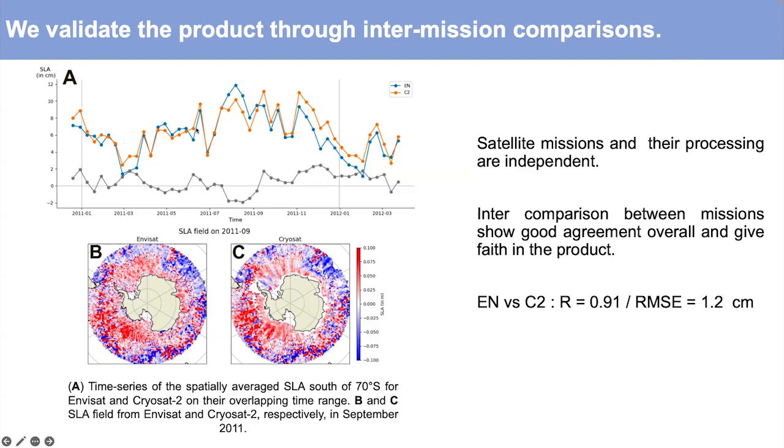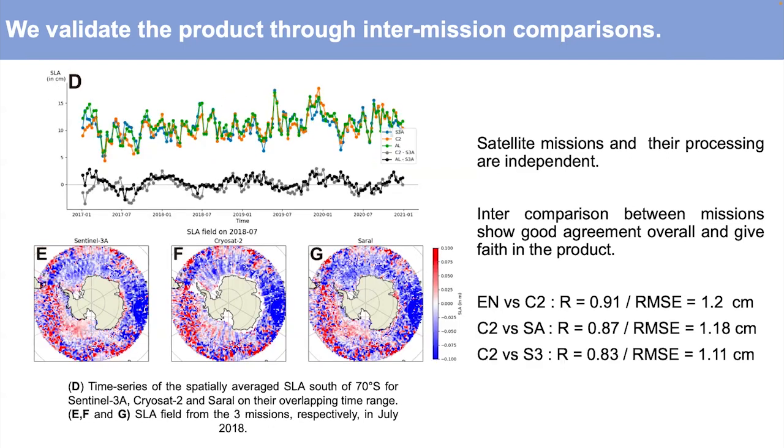This is the average sea level anomalies south of 60 degrees south, so usually most of the time ice covered, and we can see that the time series match. And here it's for the Sentinel-3, Cryosat, and Saral, and once again we have a good match. So it's a first validation of the product.